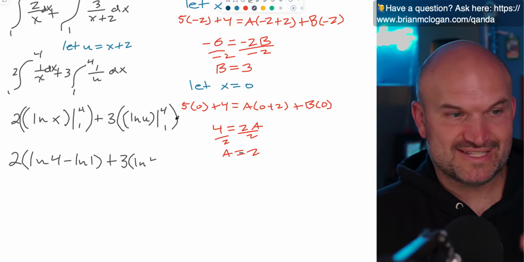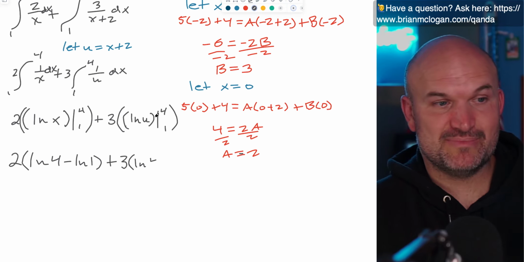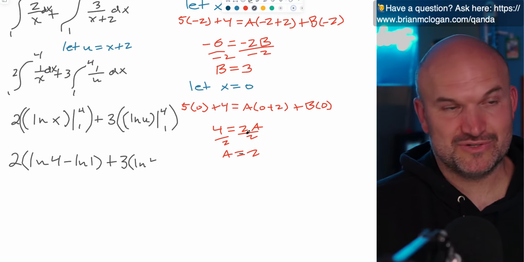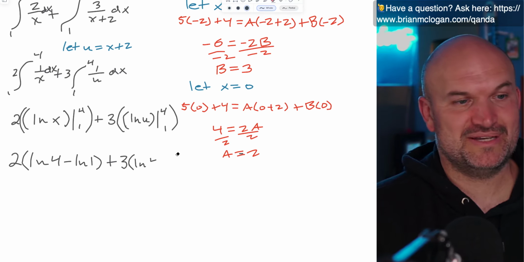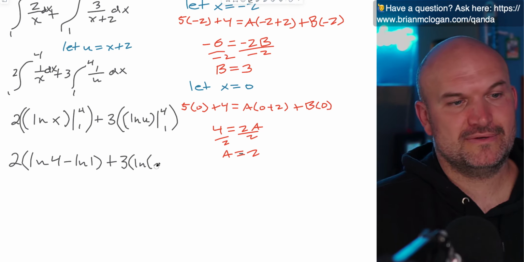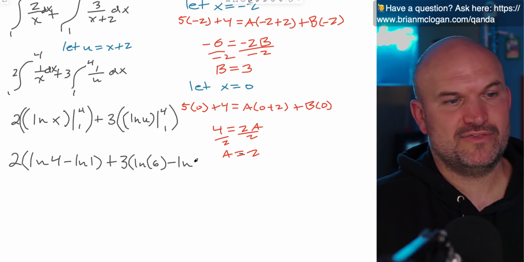Oops, don't forget, it's not 4, right? It's 4 plus 2, because remember, you're plugging 4 into u. So when you plug it into u, it's actually x plus 2, so it's going to be 6. I almost forgot myself. So that's ln of 6 minus ln of 1 plus 2, which is 3.